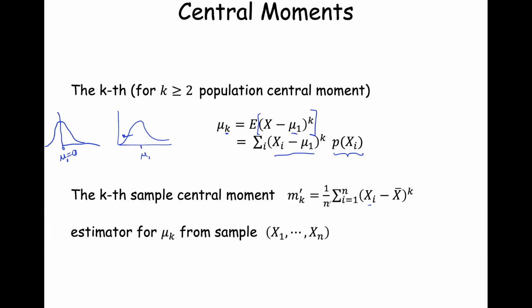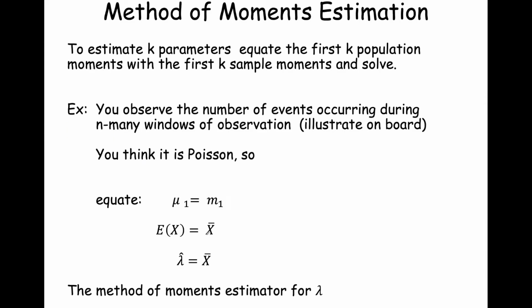And so the idea then is we're going to calculate, we hope, an estimator for mu k, the k population moment, and we're trying to compute an estimator for mu k from the sample. So what did we do? We looked at method of moments estimation, and we look at a distribution that we feel will best model the problem that we have at hand.